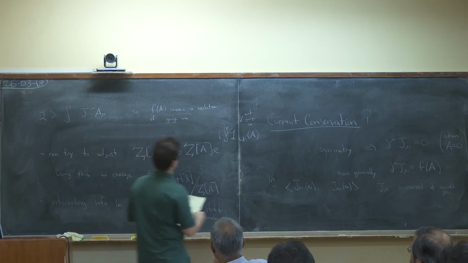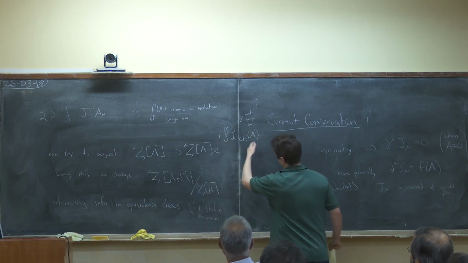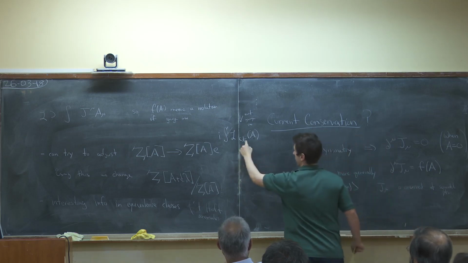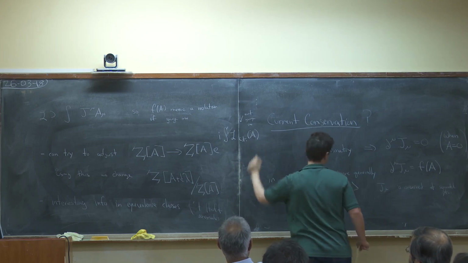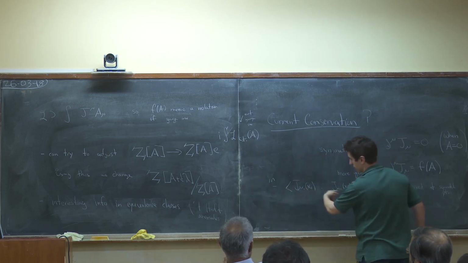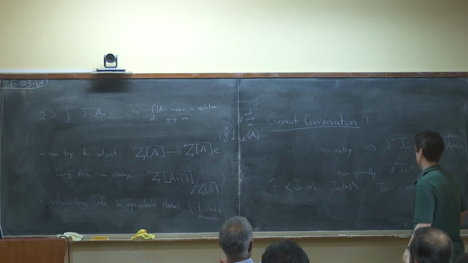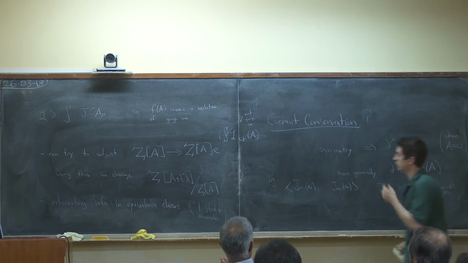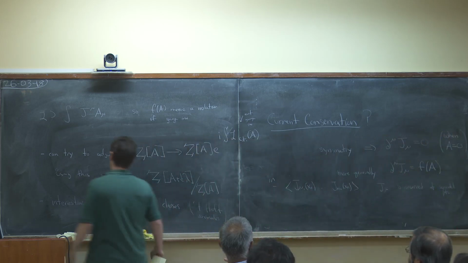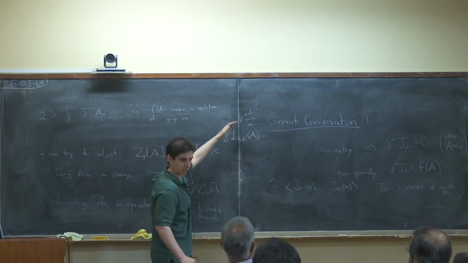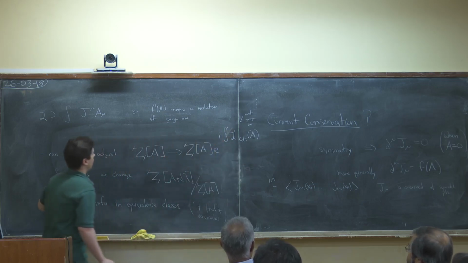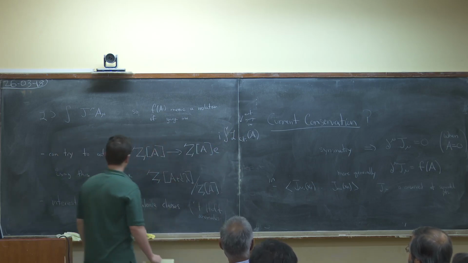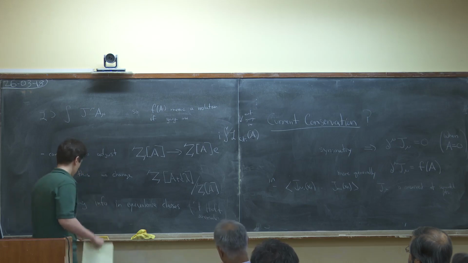So you can think that here what I did is I changed my scheme. I changed, say, the counterterms for A, for J. Modifying the action by some local functional of A is the same as changing the counterterms for these current correlation functions, in some way that's up to me. And using that, I can modify how this anomalous behavior appears. I want to allow myself to do that as I like, and the interesting anomalies are the ones that cannot be removed by such a transformation. Those are what are truly called anomalies.